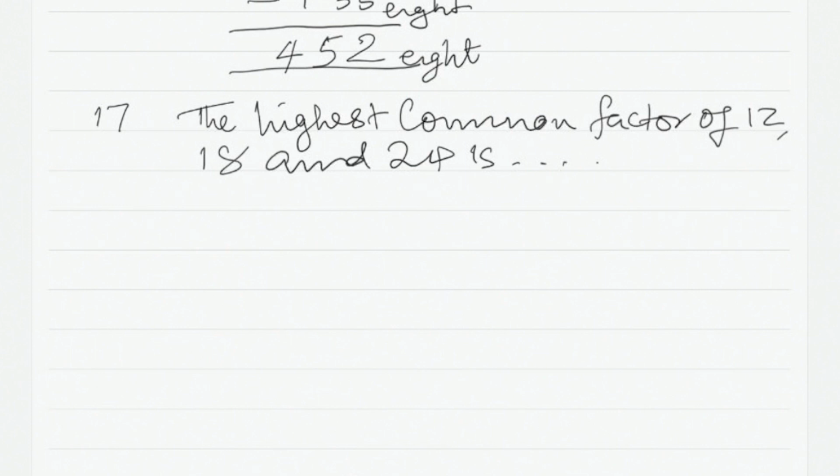and 24. 12 can go into 12 itself and 24, but it cannot go into 18 because it is leaving a remainder. 6 can divide into 12. It can also divide into 18. It can also divide into 24. 2, as we have already said, can divide into 12, 18, and 24. 3 can also divide into 12, 18, and 24.